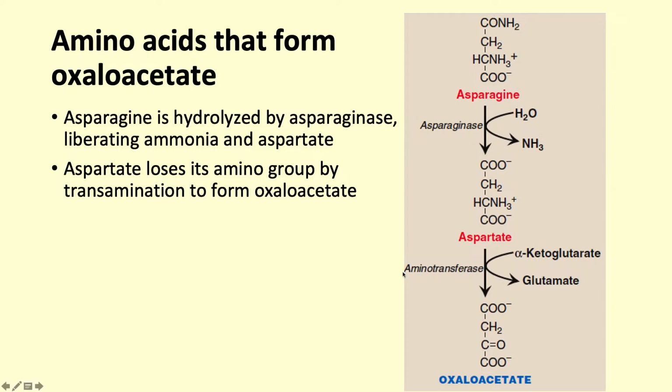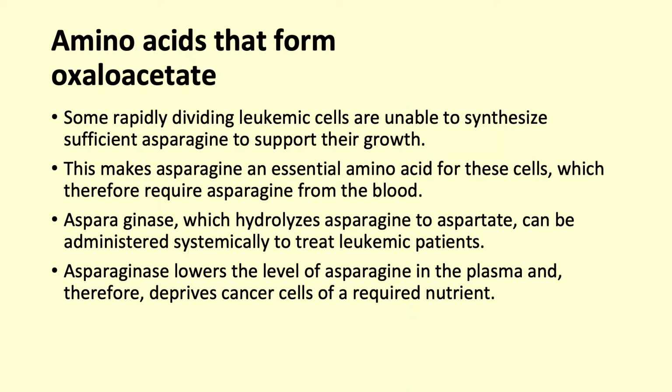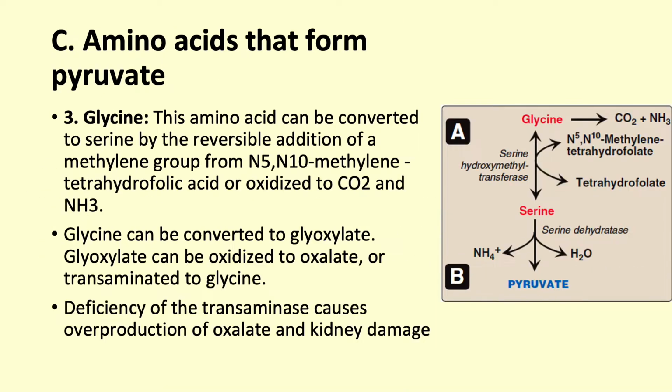We talked about asparagine conversion into aspartate, and from aspartate, how we get oxaloacetate, since oxaloacetate will participate in a gluconeogenic pathway that can give us glucose. That's why it's called glucogenic, and there were a couple of other examples.